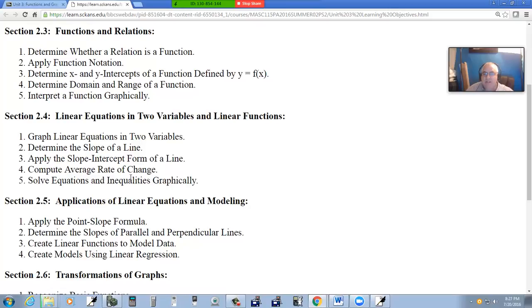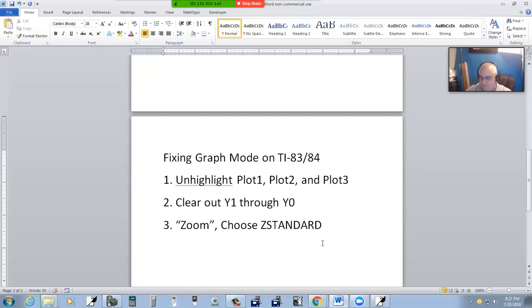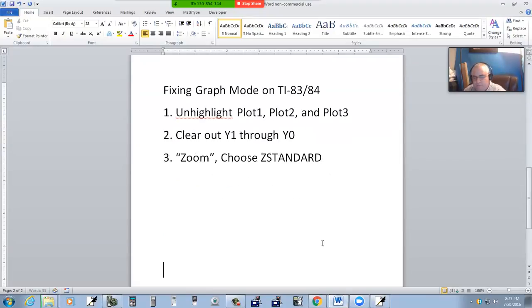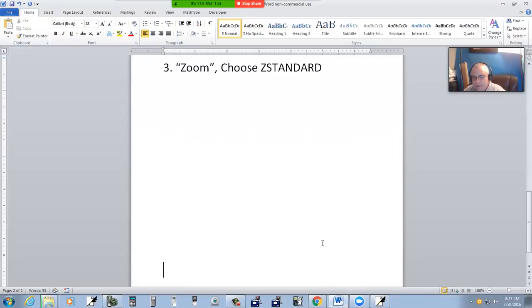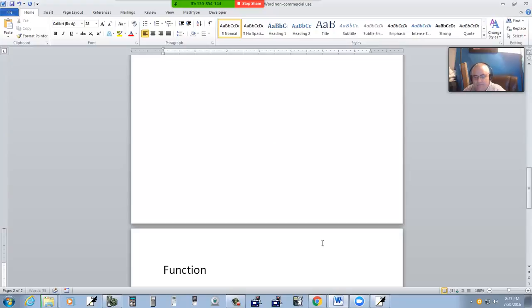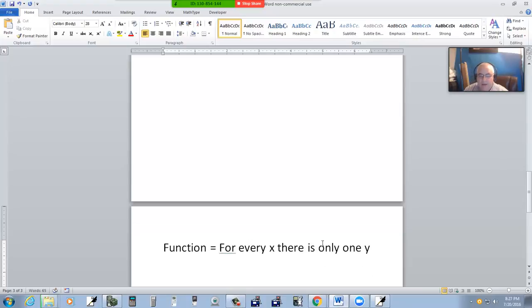Number 1 says determine whether a relation is a function. Well, let's look at the definition of a function. A function says for every x there is only one y. Now I'm putting these in terms of x's and y's, but it's much more than that.